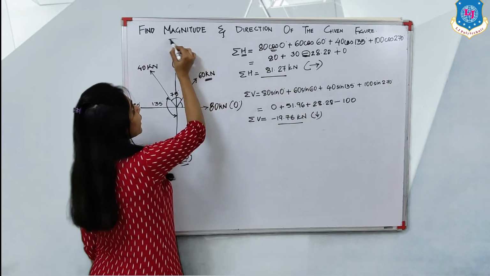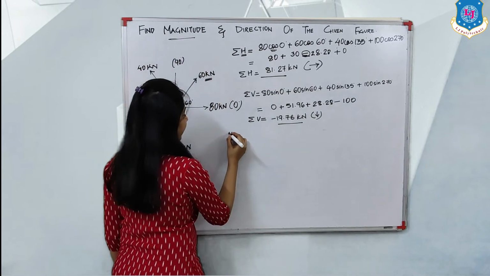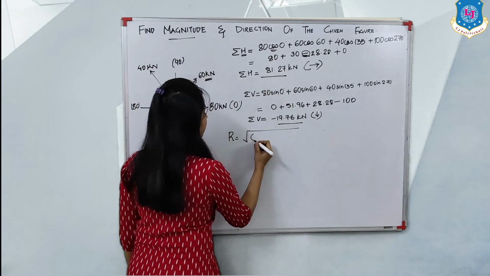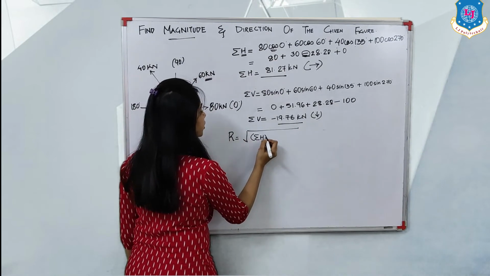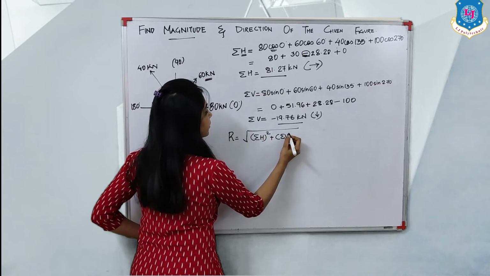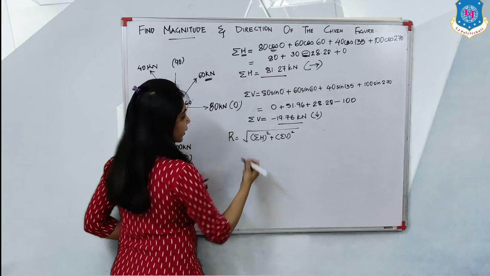So in order to find the magnitude, my equation will be the square root of summation of h the whole square plus summation of v the whole square.